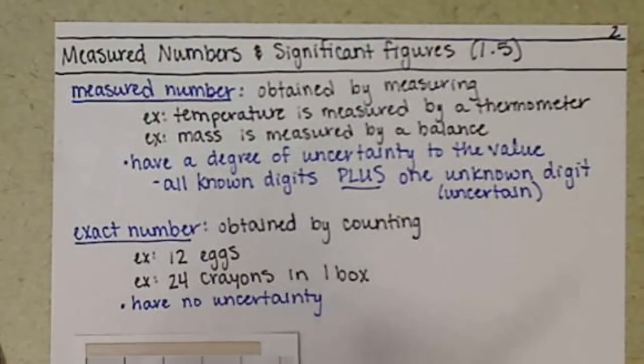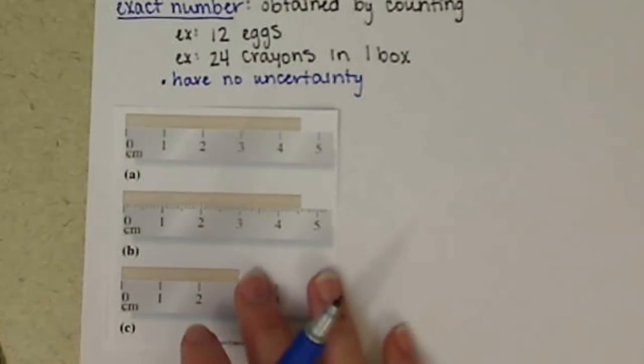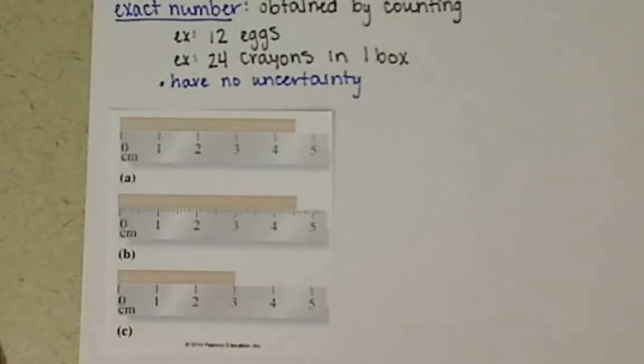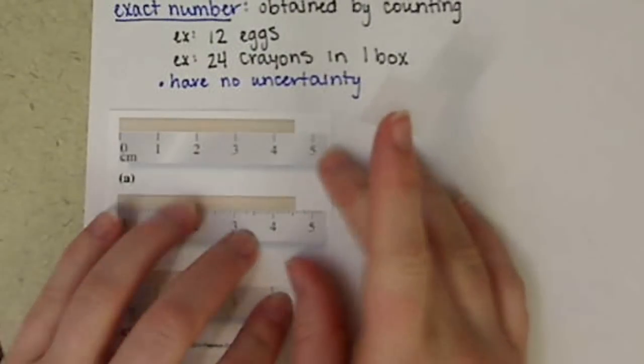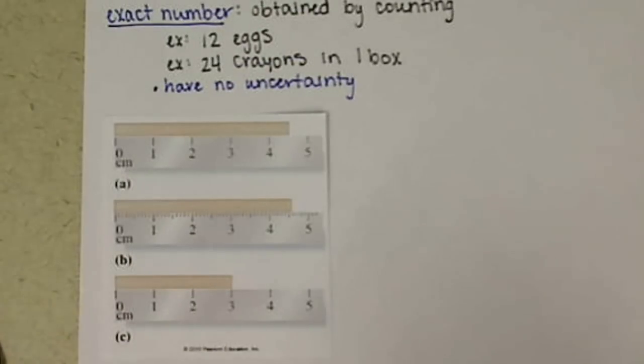If we take a look at this image here, this is from figure 7 in chapter 1. Anytime that I use an image from your book, you do have access to those files. If you check the file on Moodle, it will have all of the images for chapter 1 that I'm going to use.